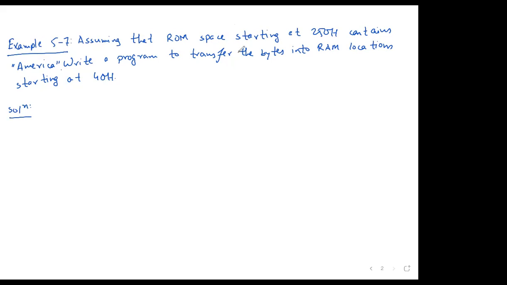The question says, let's assume that starting from this address, that is 258 in the ROM, we have got something like this: within double quotation, AMERICA. Our target is we need to transfer all this data which started from 258 into RAM locations starting from 48. Is the question understood? Yes, sir.